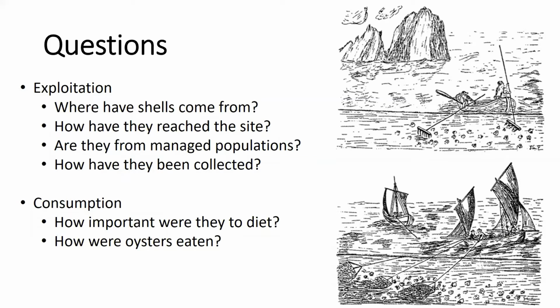We might want to know about all of these different things. So the questions we might have regarding the exploitation of the shells, you might want to ask, where have the shells come from? How have they reached the site? So if we think of a site like Leicester, for instance, it's pretty much as landlocked in the UK as it's possible to get. The moment we find oyster shells in Leicester, we immediately know that we've got evidence for trade links to different regions of Britain.